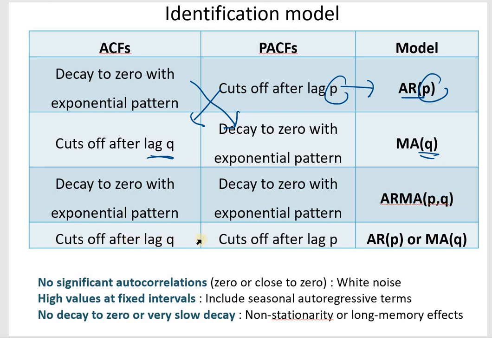Lastly, if both cut off, we can try whether it is AR(p) or MA(q). Basically this is just a guideline. The ACF and PACF plots are actually quite difficult to interpret, so this is just a basic guideline. We need to try several models in order to find the best Box-Jenkins model.